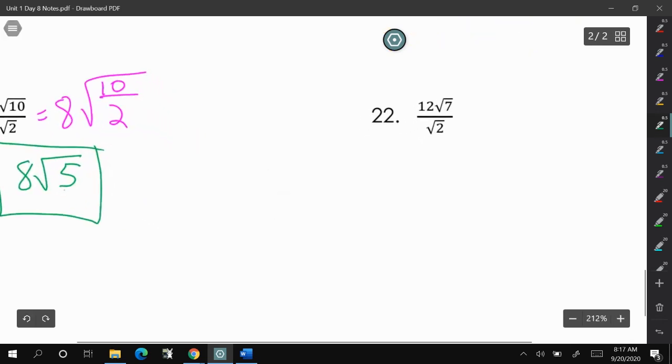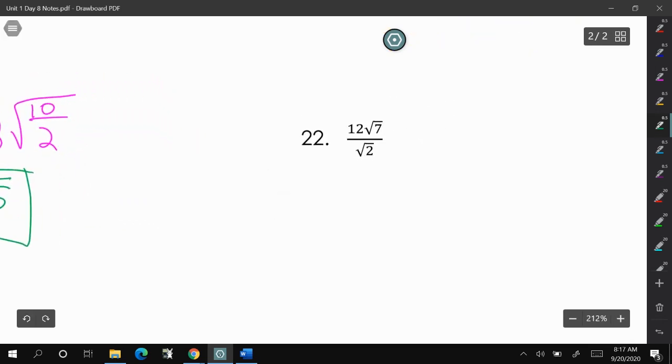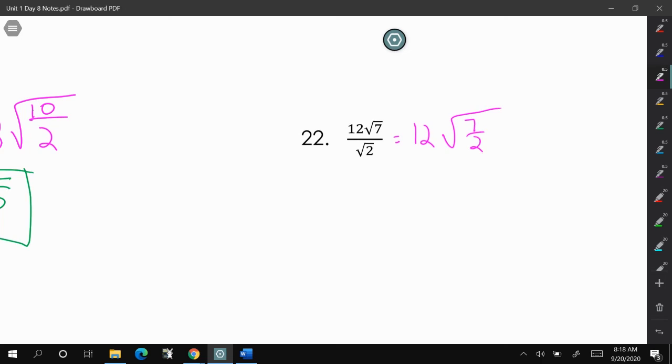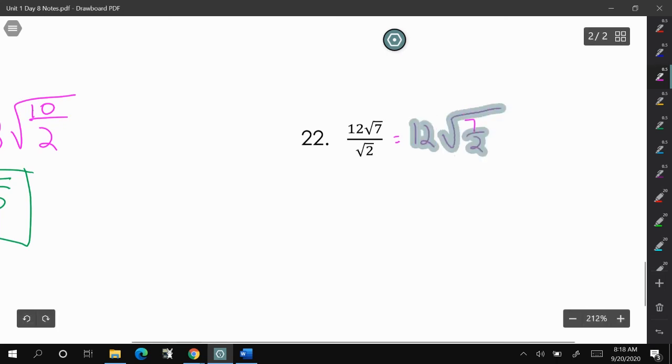Now, number 22, okay, you may start and say, okay, 12, and then square root of 7 over 2. But 7 over 2, you can't divide that. It doesn't work out that way. You get a decimal. You don't get a whole number. So then we have to go the rationalizing route.